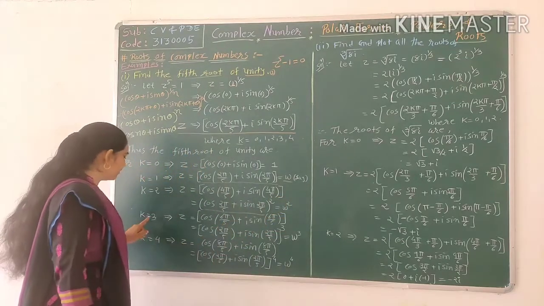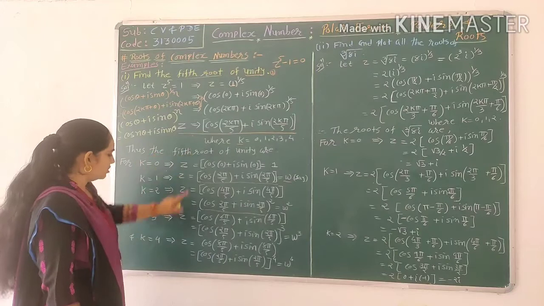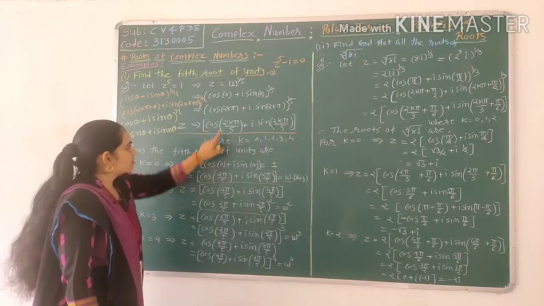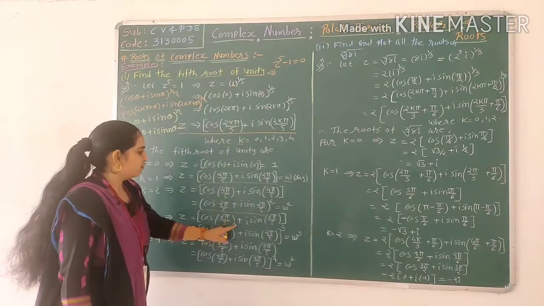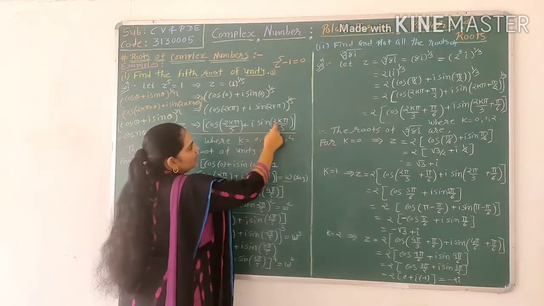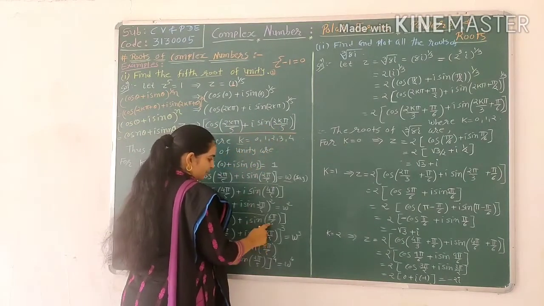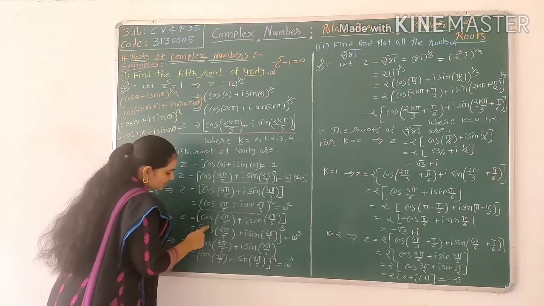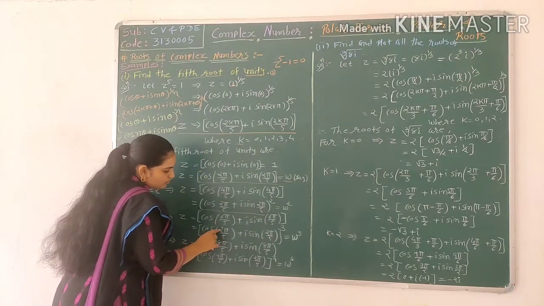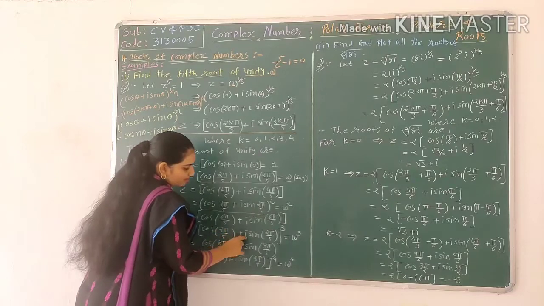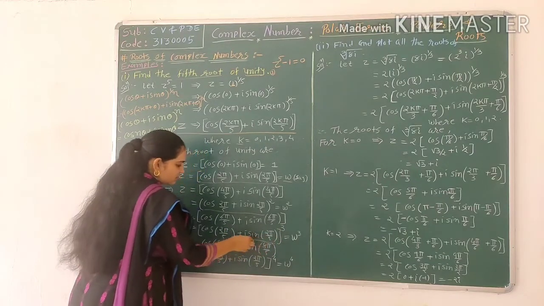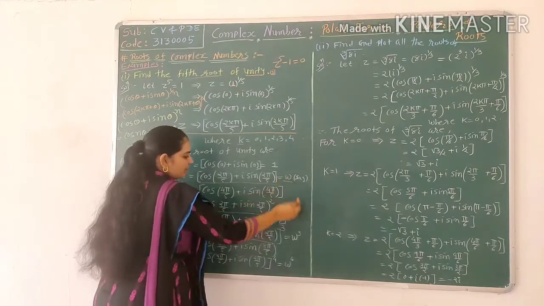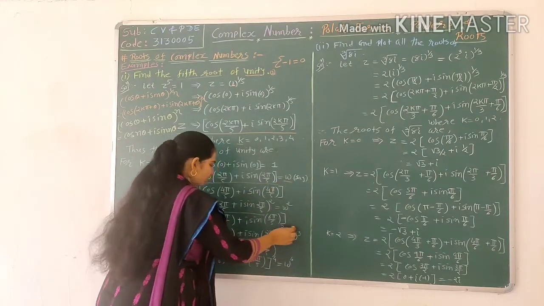Similarly, put k equal to 3 in this equation. Therefore, Z is equal to cos 3 into 2 is 6, that means cos 6 pi by 5 plus i sin 6 pi by 5. This can be written as (cos 2 pi by 5 plus i sin 2 pi by 5) whole cubed, and this is the value of W, that means W cubed.